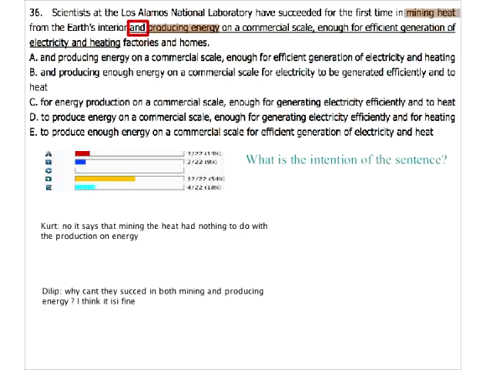The intention of the sentence, when you read the sentence, you've got to look at this and you have to take into account two things. And those are, number one, plain old common sense or real world intuition. And number two, the fact that the sentence is a unit.